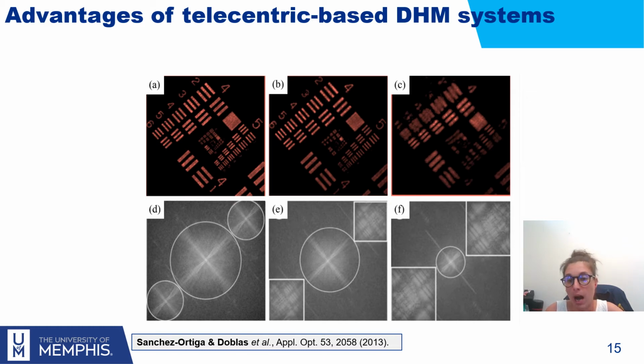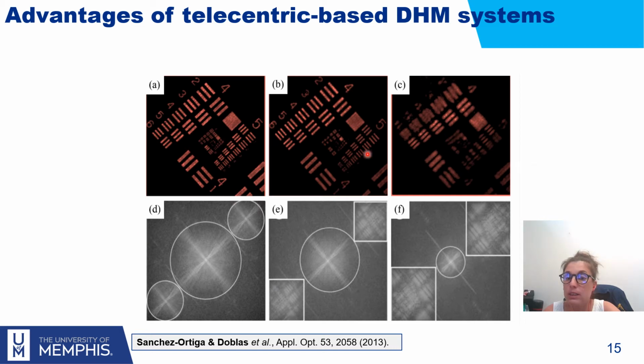When you have a telecentric based system, you have the 3 replicas of the hologram, right? And within the 3 replicas, the object spectrum is placed at the interference angle, symmetrically around a circle. That circle is related to the pupil size of your objective lens.